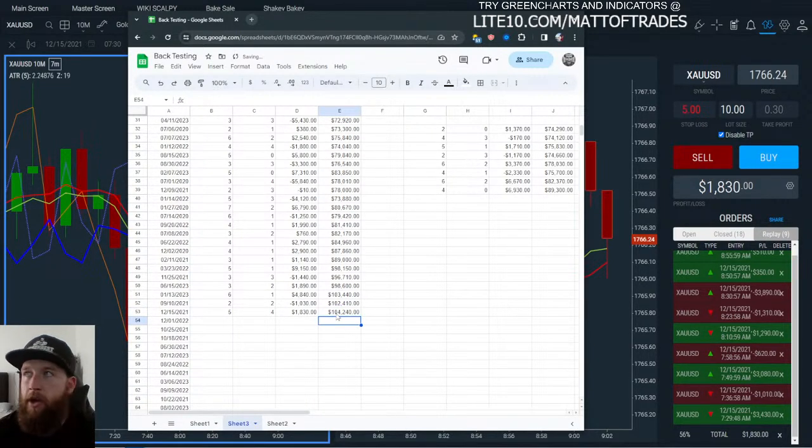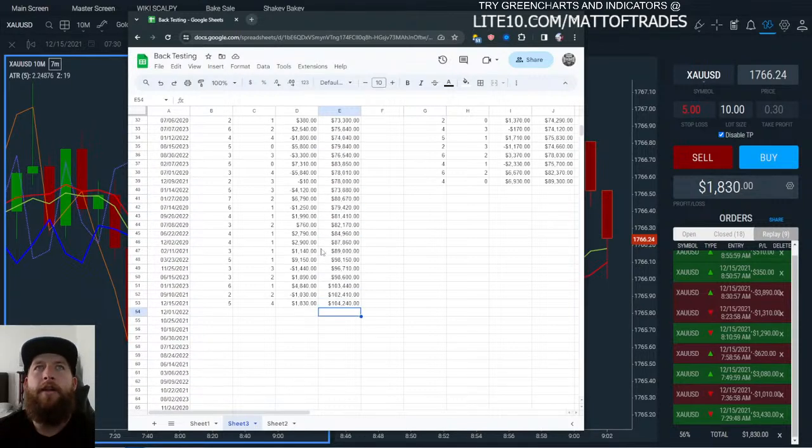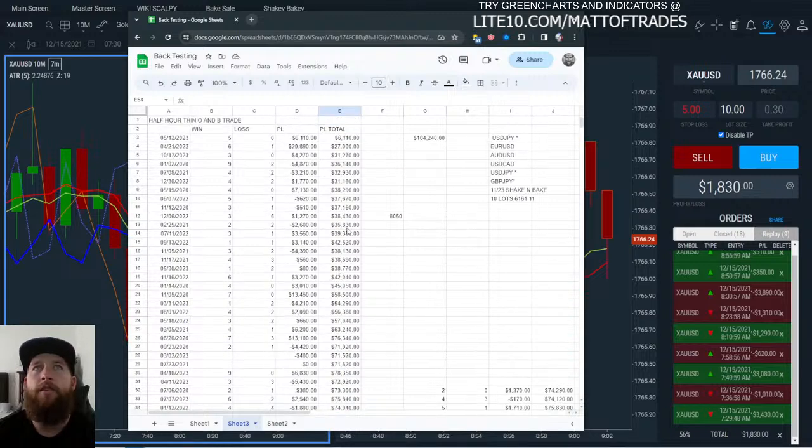All right, so I think I'm going to call it there. We might hop on and do some more of this tomorrow. Our win rate is actually going down, which is interesting. But our P&L is still going up. We have a nice steady growth curve. And if we didn't have a super lucky day at the very start here, we'd still be at $85,000. Yeah, almost $21,000 is our best day.